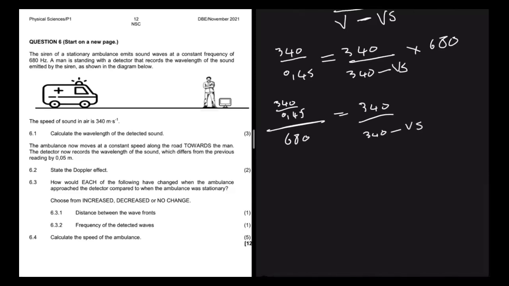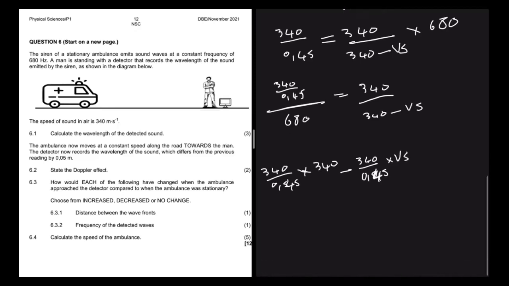I'll go ahead and cross multiply. I'll get 340 divided by 0.45 multiplied by 340, right? And then minus 340 divided by 0.45 multiplied by velocity of source, which is equals to 680 multiplied by 340.